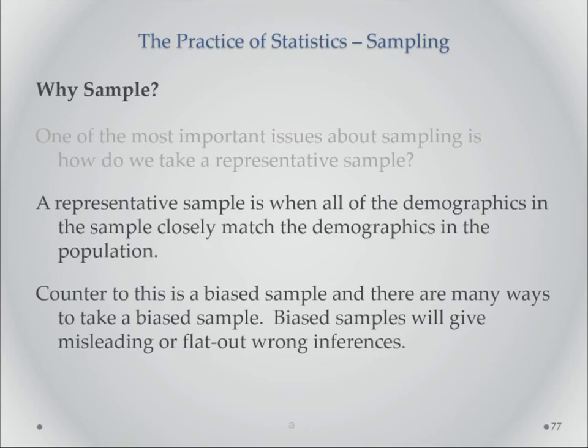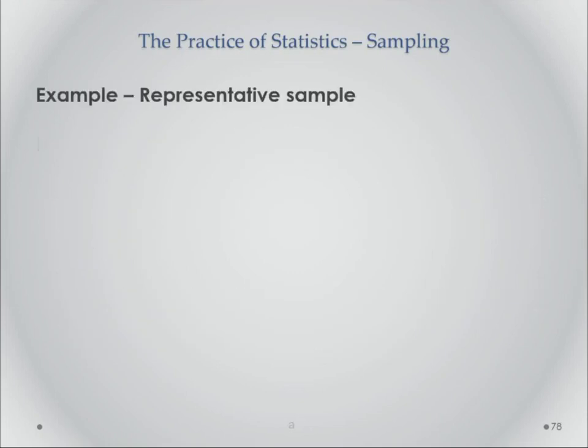We have two different samples there, and we're not including all the demographics. A similar thing: if you take a sample of just all men and the population has men and women, then you have a bias in that sample.